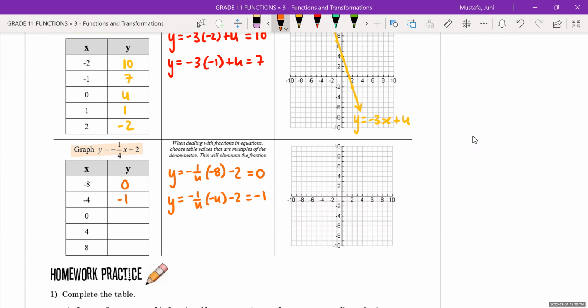Zeros are easy. It just eliminates the whole x term. So you'll just be left with -2. Hopefully you guys can see the trend. You're just going up by ones. So that is what our table of values is going to have. And then when I'm graphing it: (-8, 0), (-4, -1), (0, -2), (4, -3), and (8, -4).